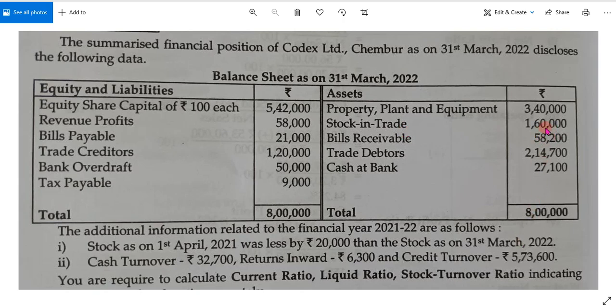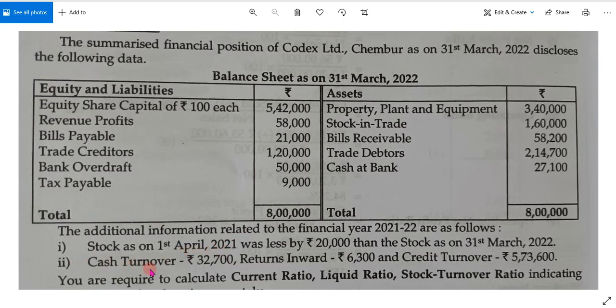That means 1,60,000 is the closing stock, and opening stock is less by 20,000 than the closing stock. So 1,60,000 less 20,000, 1,40,000 is the opening stock on 1st April 2021.